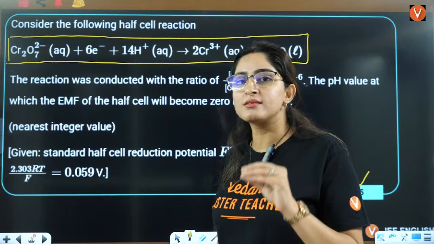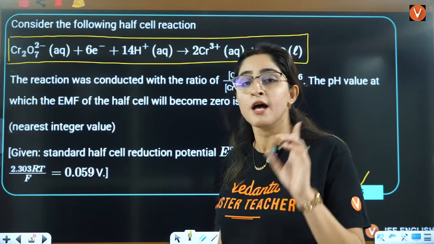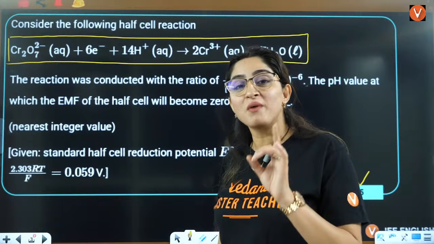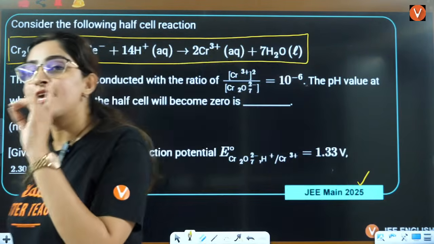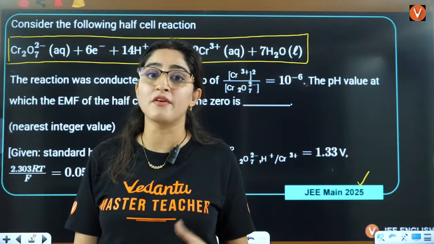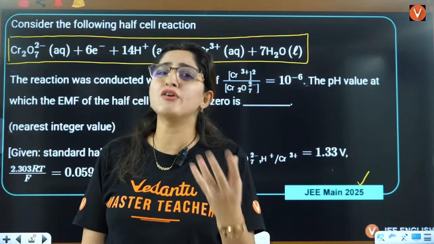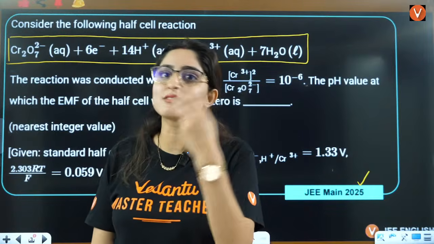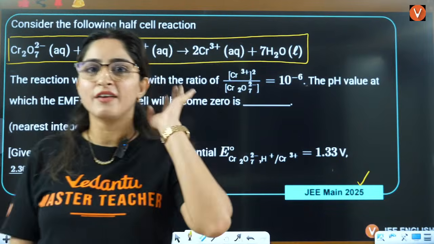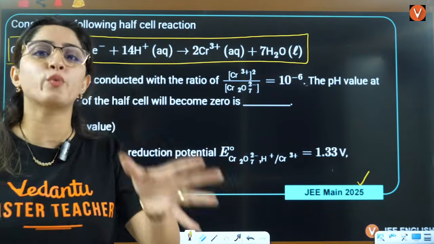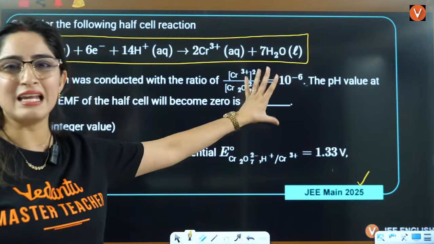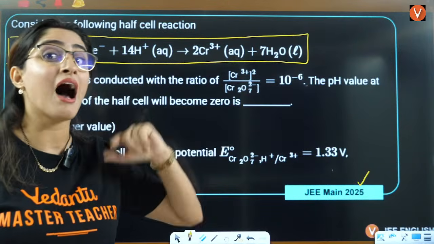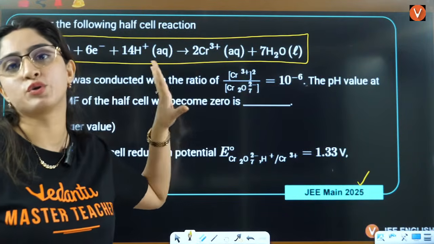First thing is balancing, which we have learned in redox reactions. Other thing is that you must know this reaction from the d and f block, where you have KMnO4 and K2Cr2O7. If they want to make this question even more complex, they can just not give you the reaction. They will leave it upon you that if you know the reaction, then you will be able to solve it. So I would consider this still an easy-medium level question, but the hard level would be if they don't give you this reaction.